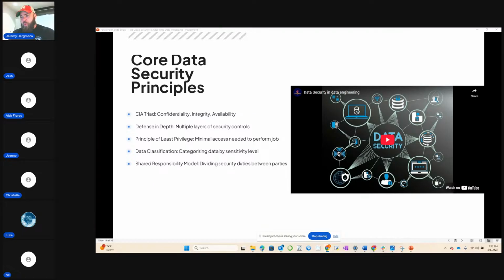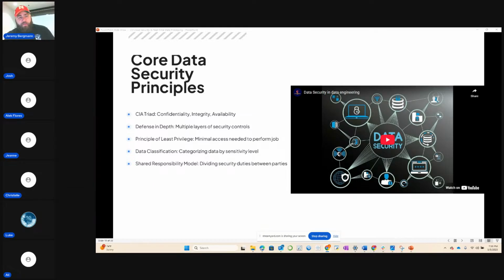They have multiple walls of defense and a demilitarized zone and everything. So if somebody gets past the first layer of defense, there are actually multiple layers of defense behind it. As we'll see in Azure, it has a couple of different protocols that can be used to have defense in depth.